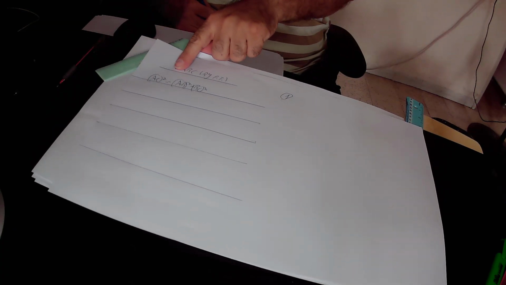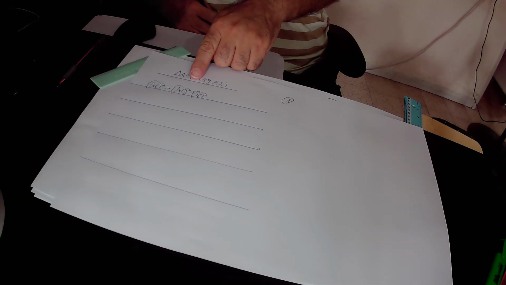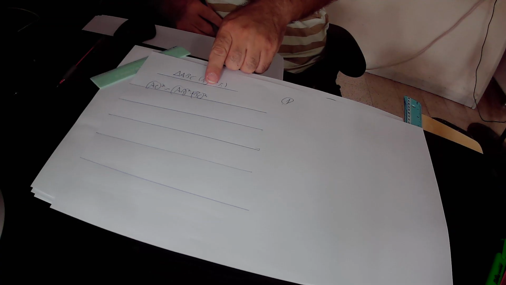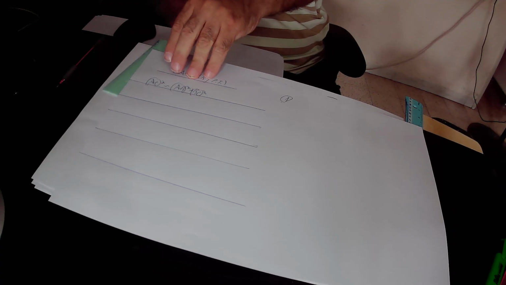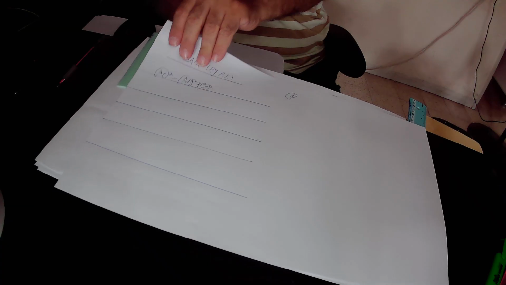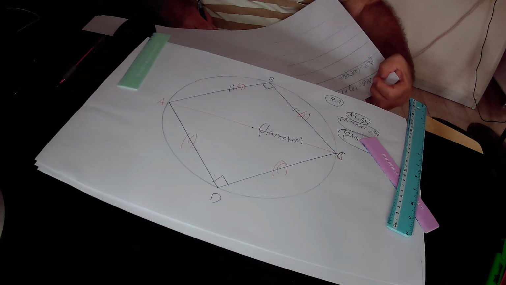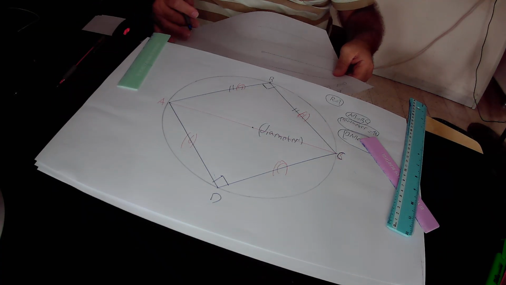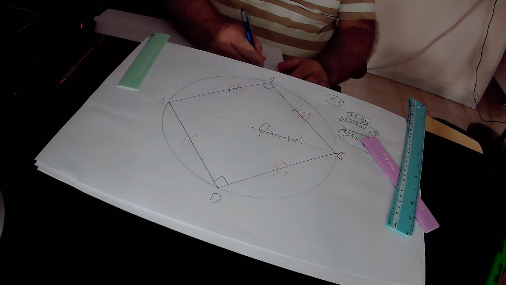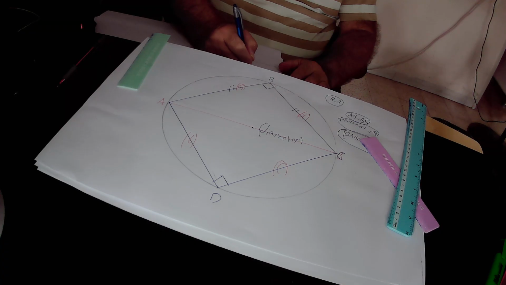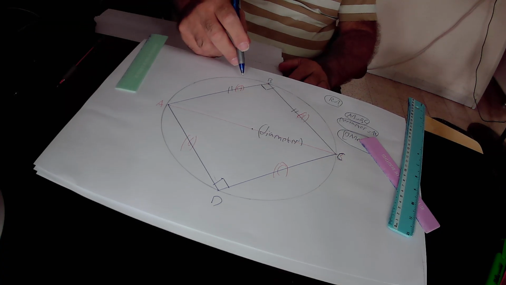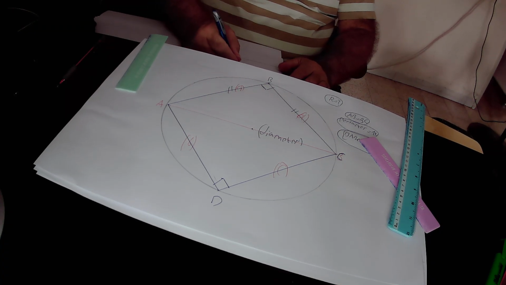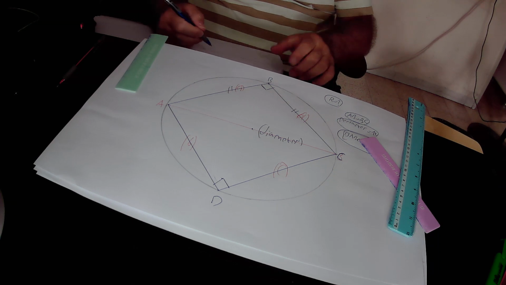Again, in the right triangle ABC, AC squared, that is the square of the hypotenuse, equals AB squared plus BC squared. AC is the missing side, so we have to substitute. AC squared equals AB squared. AB is a, therefore AB squared is a squared, plus BC squared.